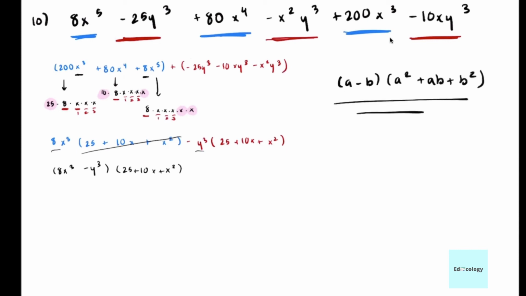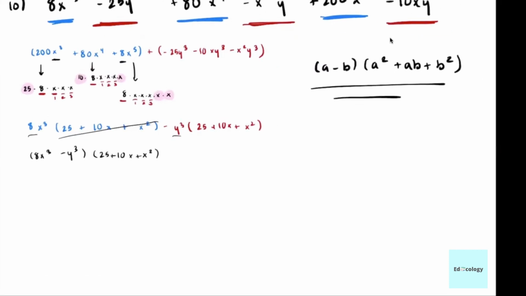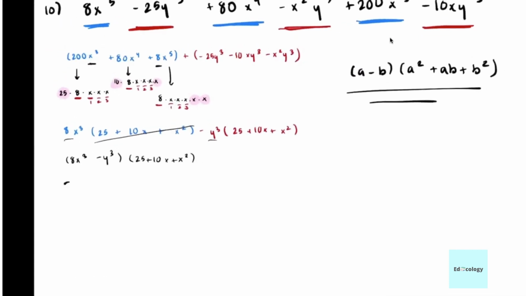It can be factored, it could be expanded into this. But as we said before, we have to first find the cubic root, which is 2x to the power of 3 minus y to the power of 3. Okay, let's write this in standard form.